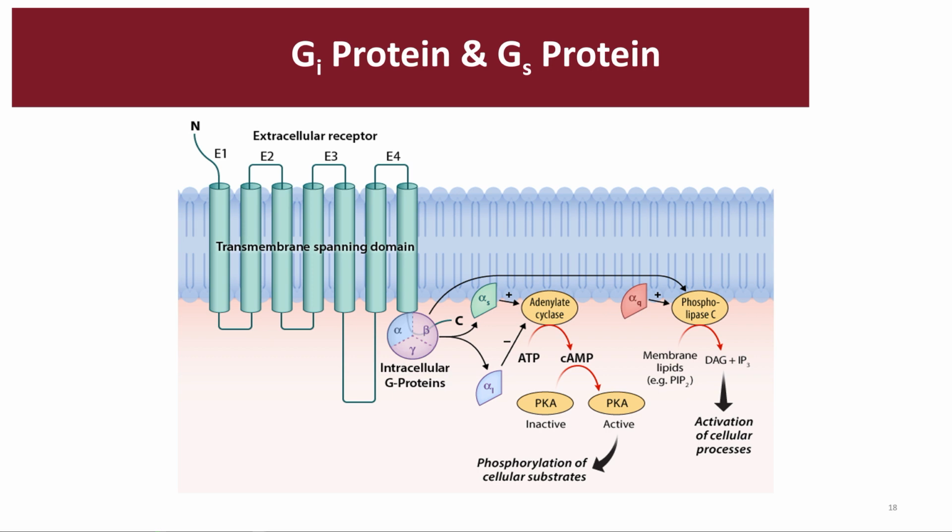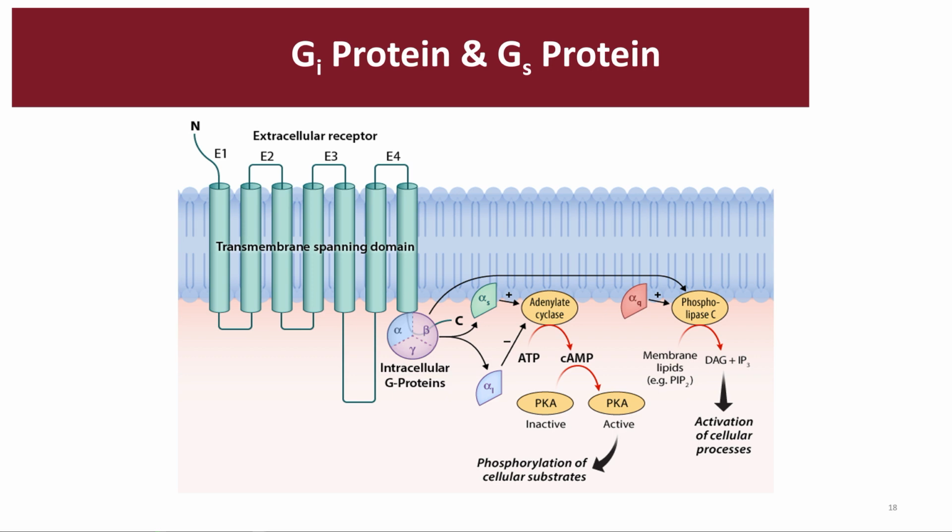In turn, when cyclic AMP is increased, this will allow a series of enzymes called the cyclic AMP-dependent protein kinase, also known as PKA for short, to be activated. And now this activated form of the protein kinase can then phosphorylate other molecules and produce a cellular response.